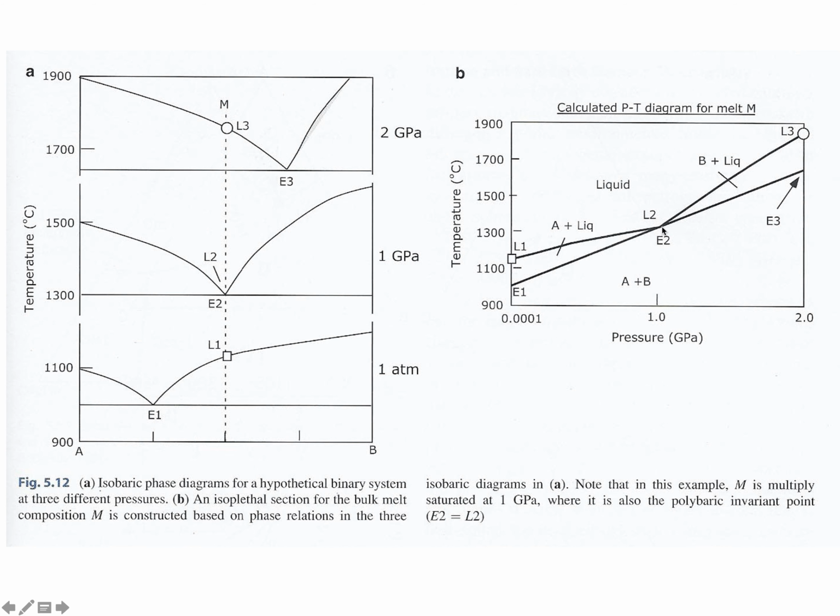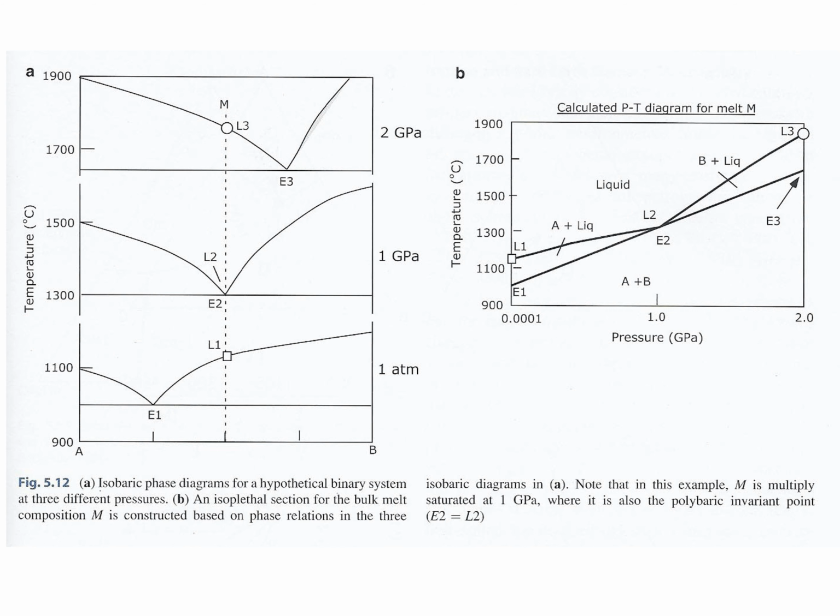Then we are moving up with the pressure. While we are moving up with the pressure, we are also moving up with the temperature. Finally we come to eutectic point E3 at 2 gigapascal, where the temperature is also higher.